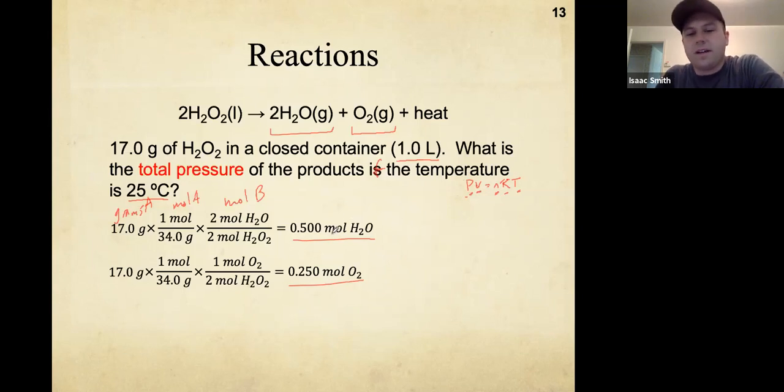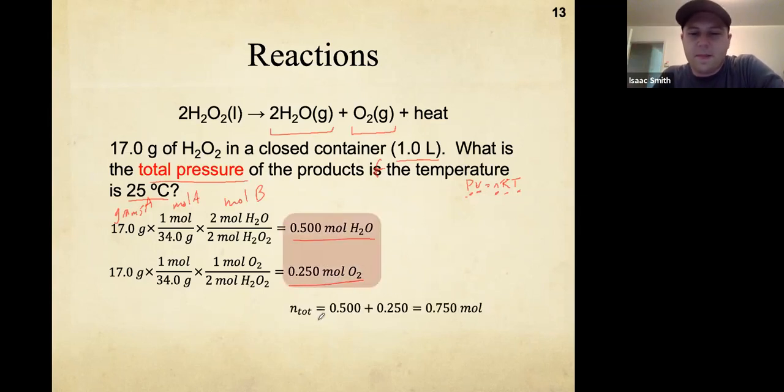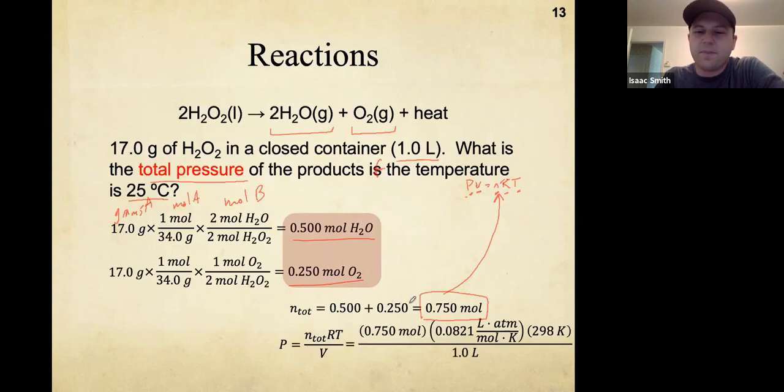So we know the total number of moles now, which I think it's asking for the total pressure, right? So I'm trying to remember how the slide answers this, but there's a couple ways we can go about it. Okay, so you know the total number of moles, we can add those together, and then you can plug that in for n, and you know V, you know T, you know R, and you can solve for P, basically, what we can do now.